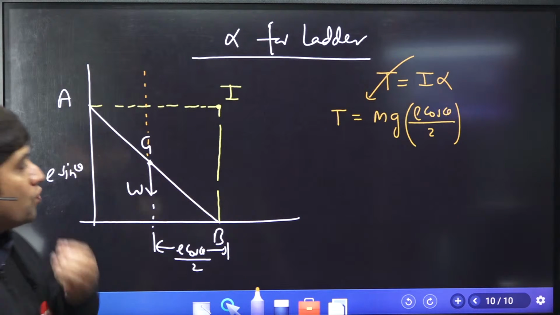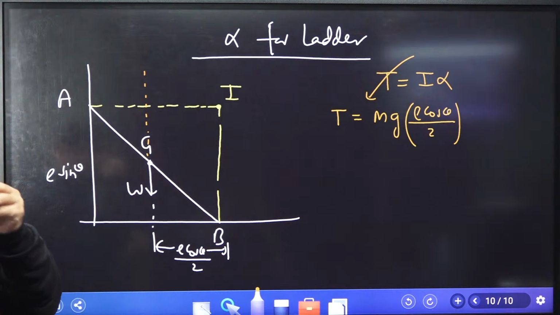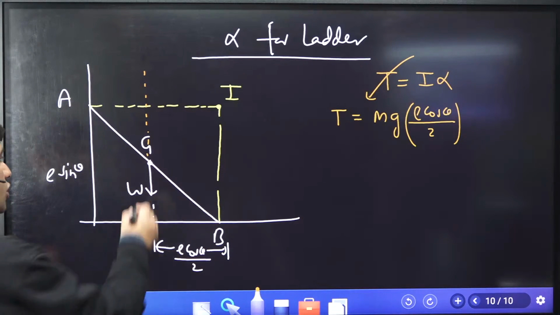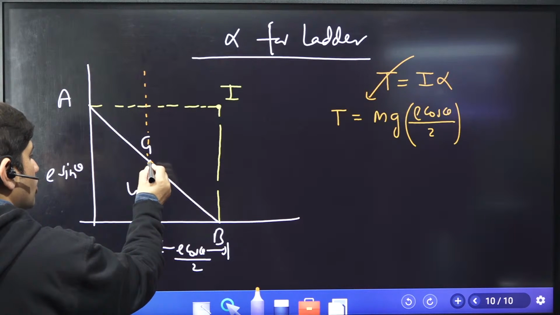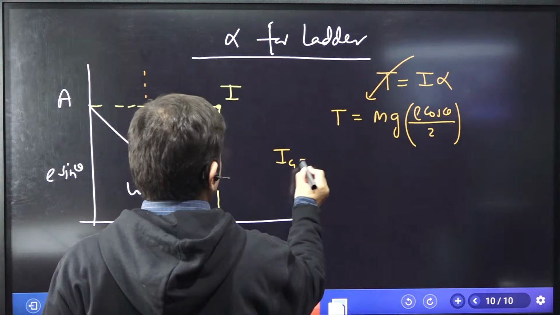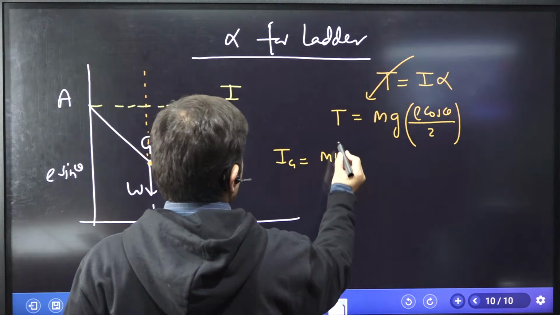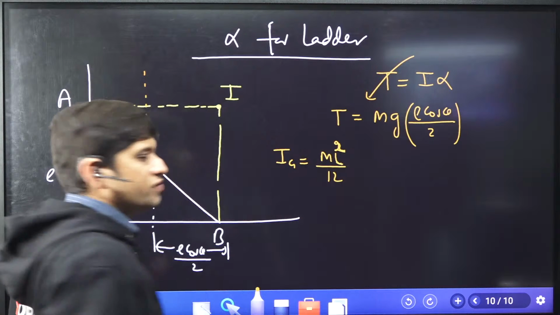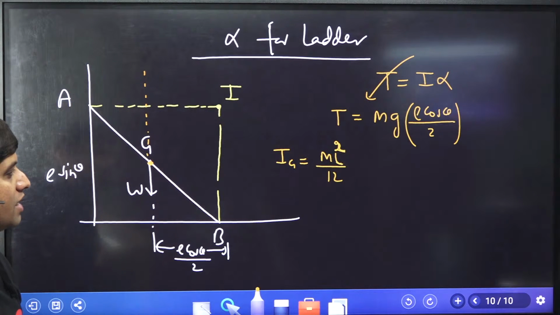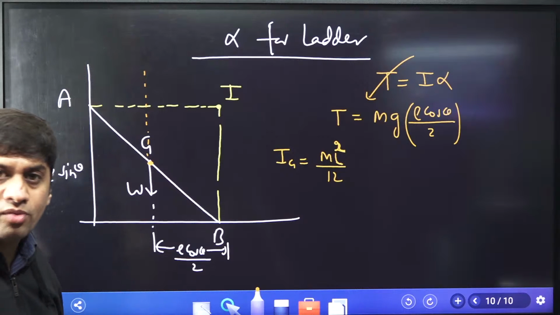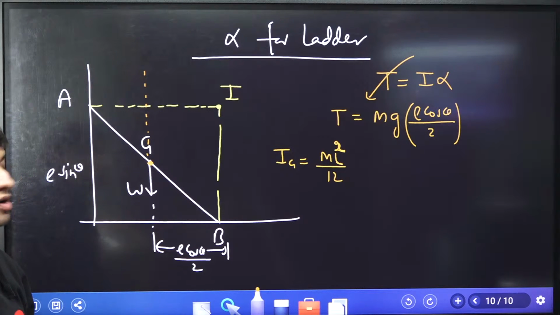Good. What is the moment of inertia of the ladder about this point I? Do you know the moment of inertia of this ladder about point G? Yes, I know the moment of inertia about point G is ml square by 12. About the centroid, the moment of inertia of a rod of mass m, length L, is ml square by 12.